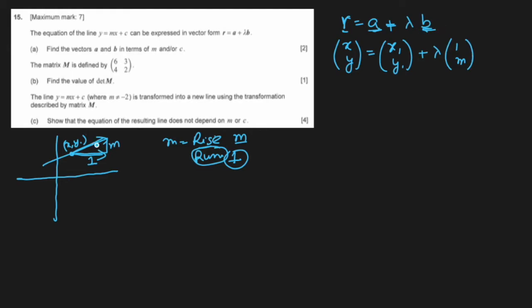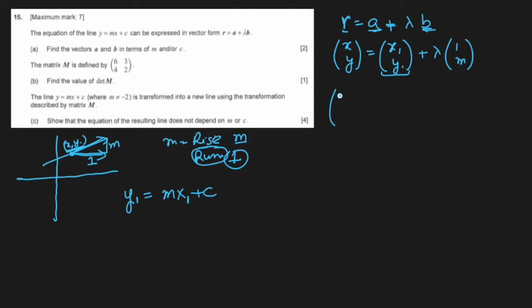Now we know the equation y equal to mx plus c. This is the position vector of the starting point. Let's say that starting point is x1, y1, this one. So we can write y1 equal to mx1 plus c, correct?